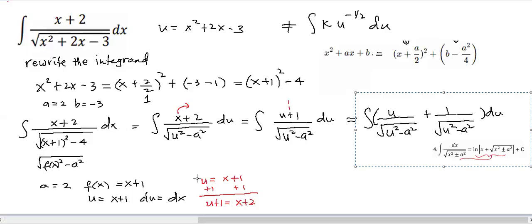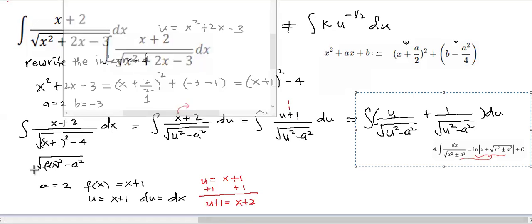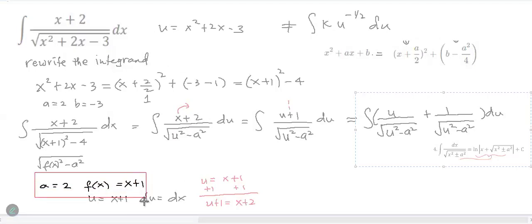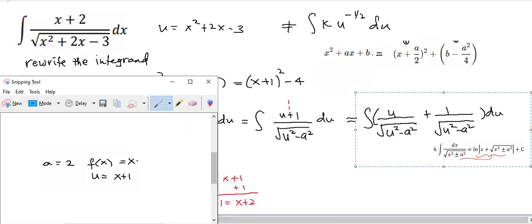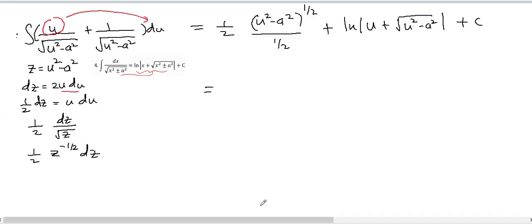So, the answer, it would be, ano yung u natin kanina dyan? Ano yung u? Ito. Let me get this one. U. Okay. So, we now have this one. Paste. Ito yung a natin. So, this, cancel yung 1/2.